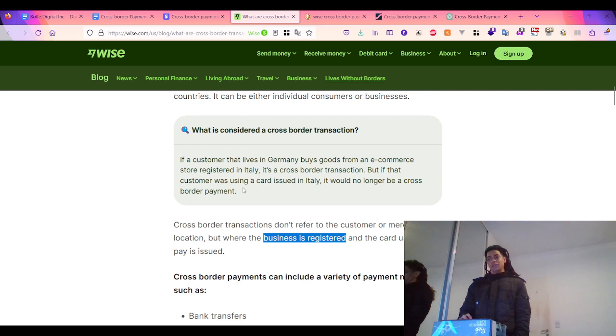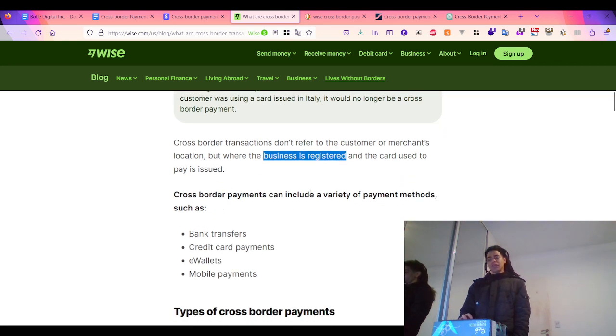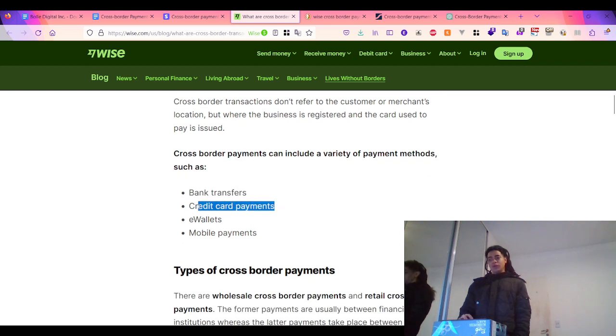Exactly, and where the card used to pay is issued. Cross-border payment can include a variety of payment methods, such as bank transfers, credit card payment, e-wallet, and mobile payment.